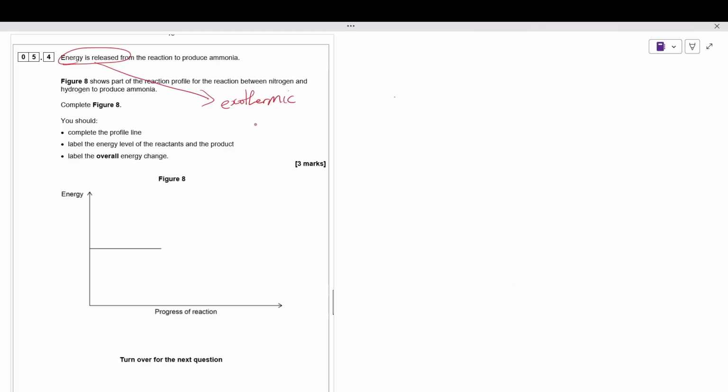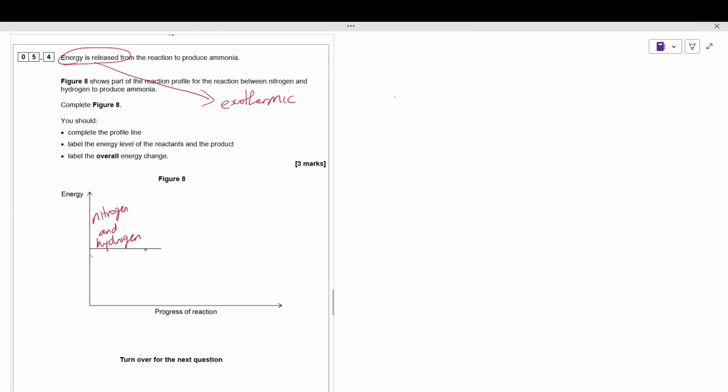And we know that when energy is released, it means that we're going to begin with a reactant, because every reaction begins with a reactant. So these are my reactants: nitrogen and hydrogen. And once those reactants have that activation energy and they begin to react, then they're going to be releasing some energy.